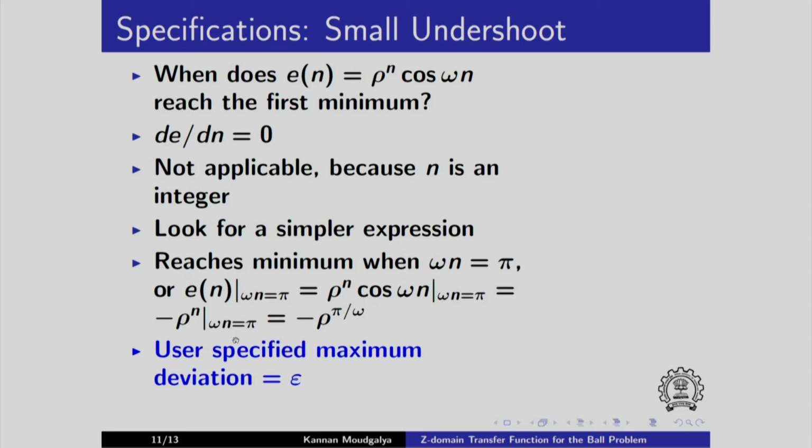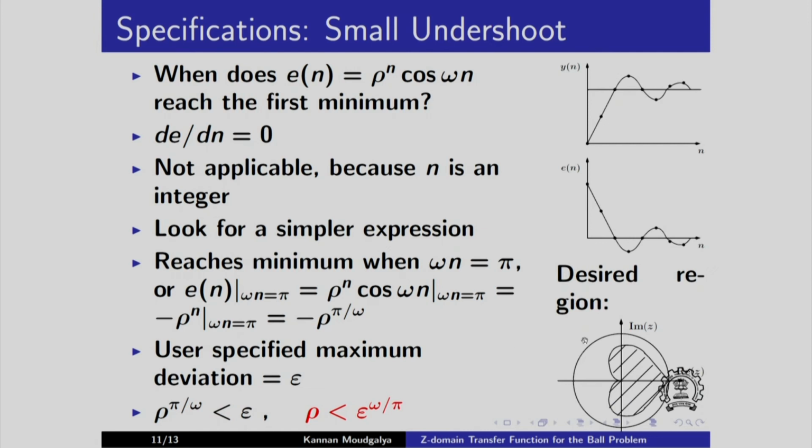This is the minimum, whereas the user specified maximum deviation is epsilon. So as a result, we get the absolute value of this to be less than epsilon, which can be written as rho less than epsilon to the power omega by pi, and we got this diagrammatically as given here.